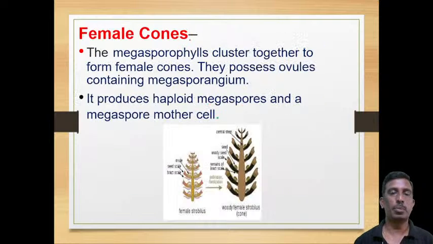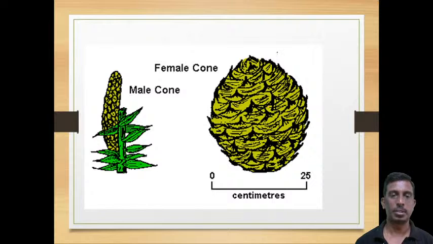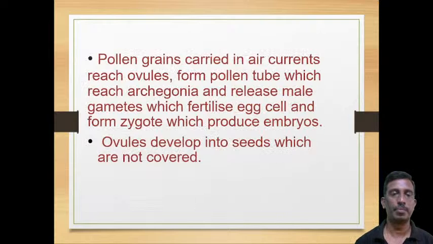In the female cone, the megasporophylls have megasporangia, which will produce megaspores from the megaspore mother cell. So you can see this is a female cone. Pollen grains are carried by wind.